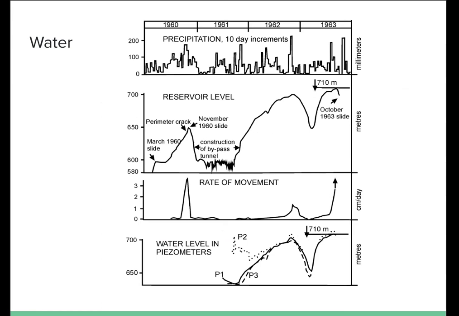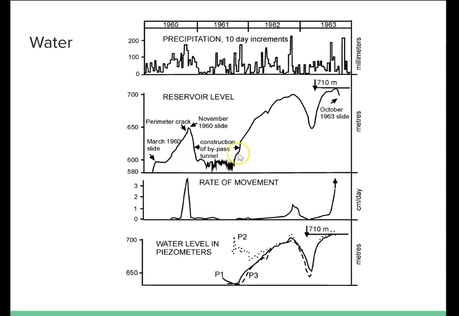Now, this was a combination of a lot of rain and not a lot of water let out of the reservoir. So you can see in these graphs at the top you have precipitation. The second one down, you have reservoir level, and you can see where a couple of landslides happened, and after the November slide, they were like, oh no, we should probably take this down.